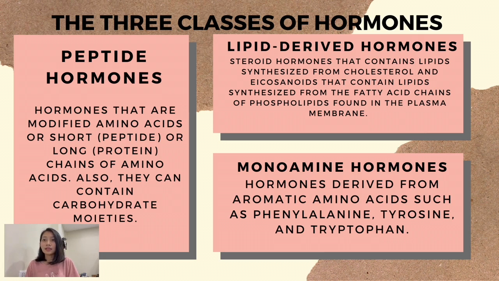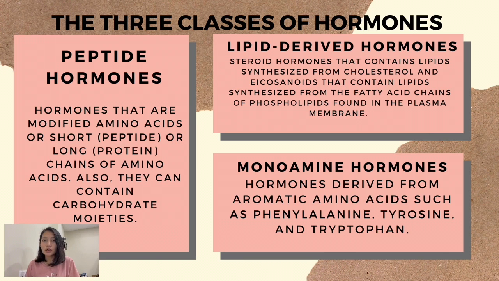Next are the lipid-derived hormones, which include steroid hormones that contain lipids synthesized from the fatty acid chains of phospholipids found in the plasma membrane. These are hormones produced from lipids such as linoleic acid and arachidonic acid.